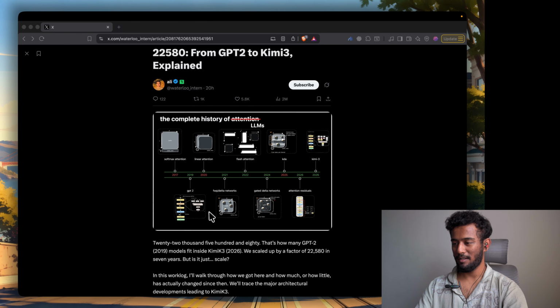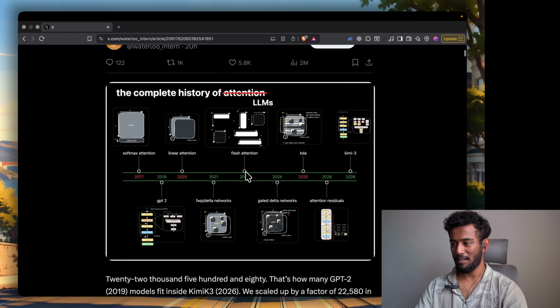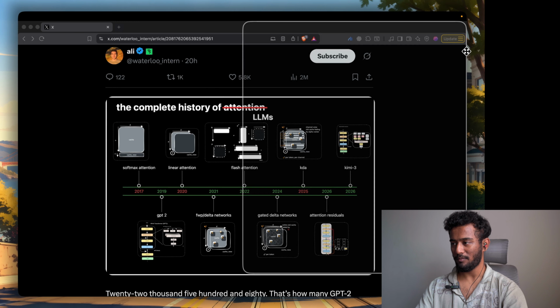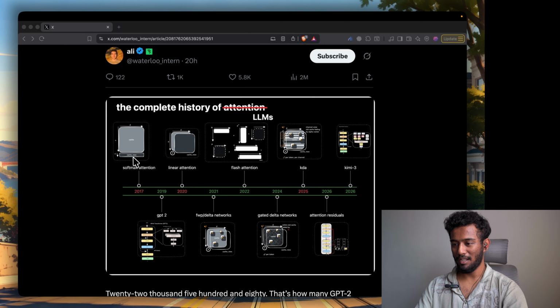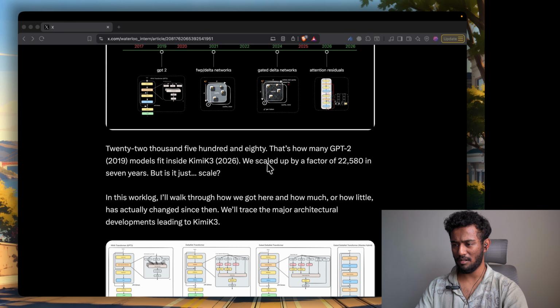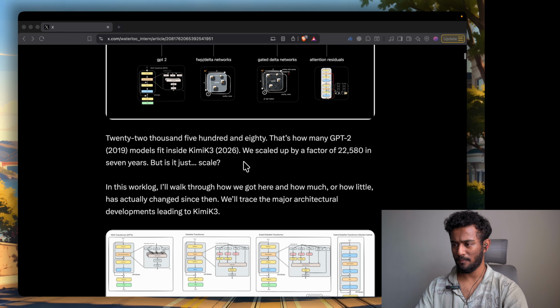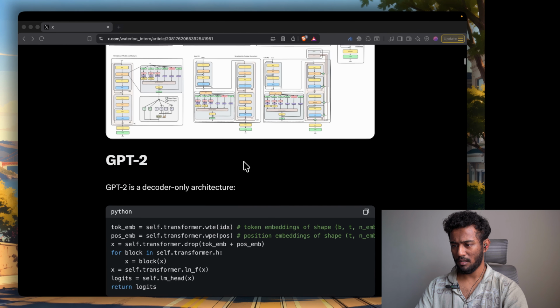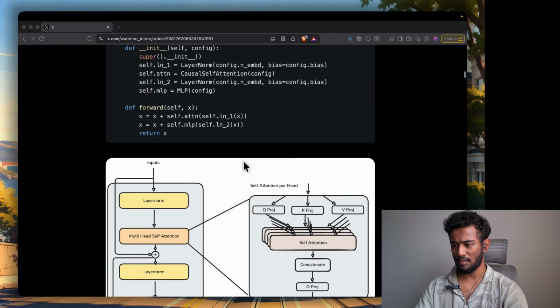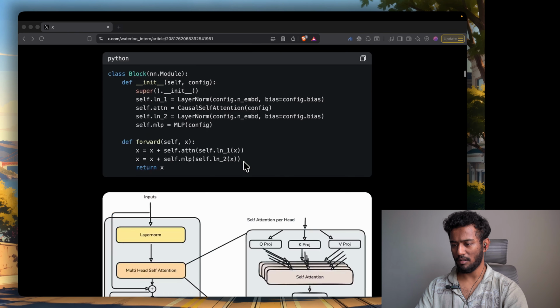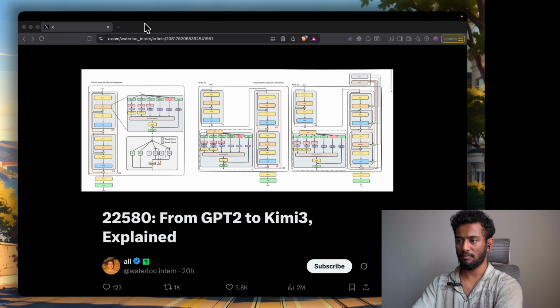So let's start. First of all, this is the timeline that we have. In 2017, softmax attention, the vanilla attention, came out. Then in 2019, GPT-2, which I think had around, let's Google it.